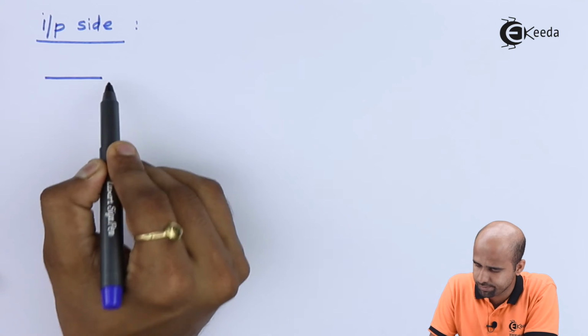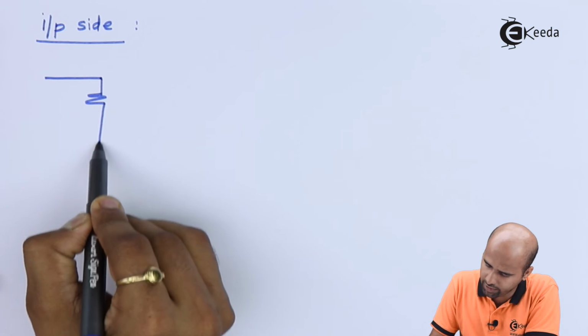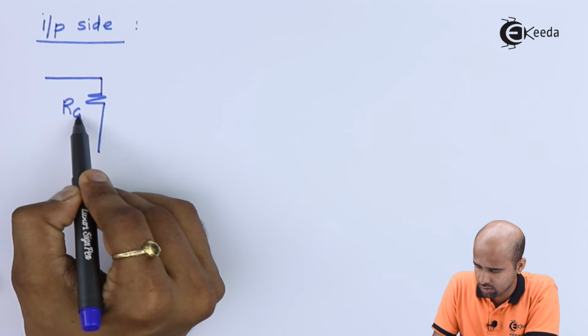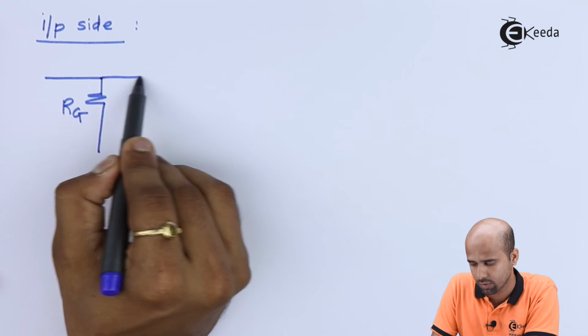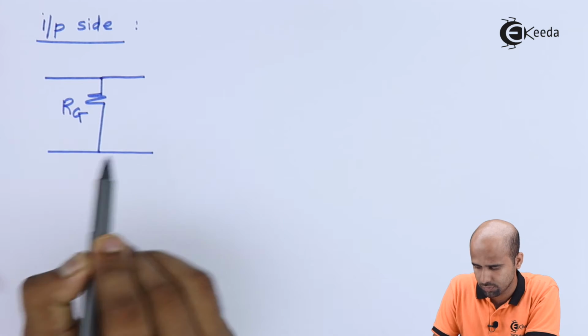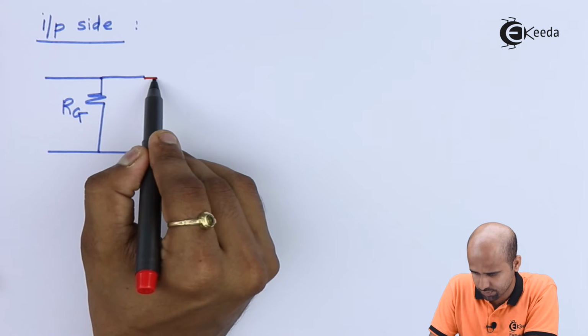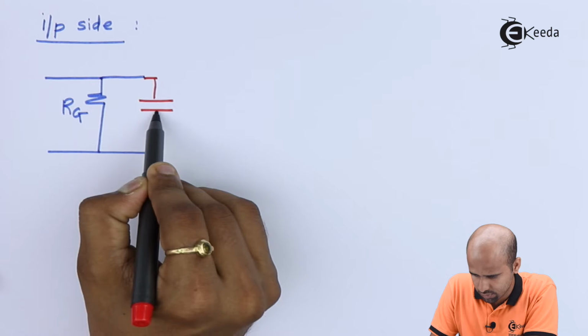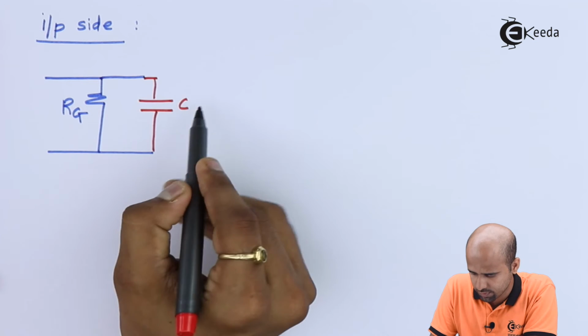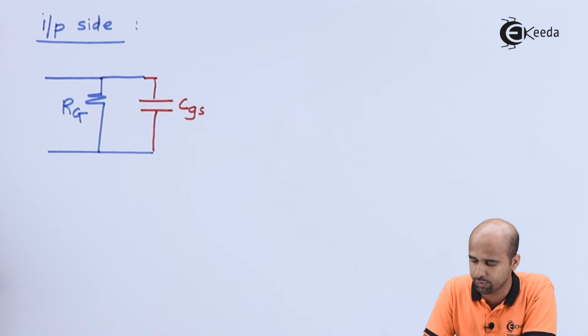At the input side, gate resistance, this is RG. Capacitances: first is CGS in between gate and source.